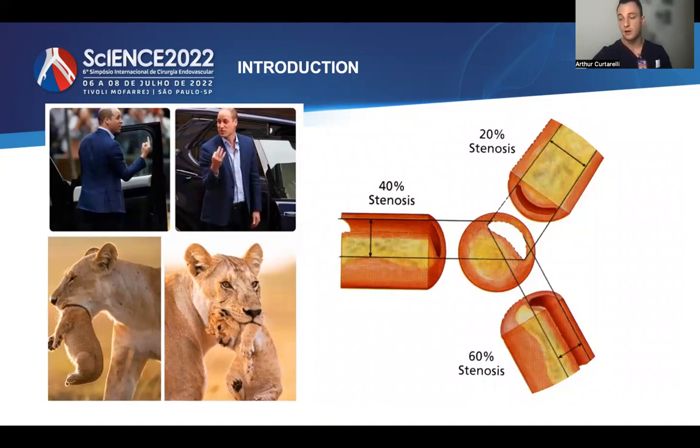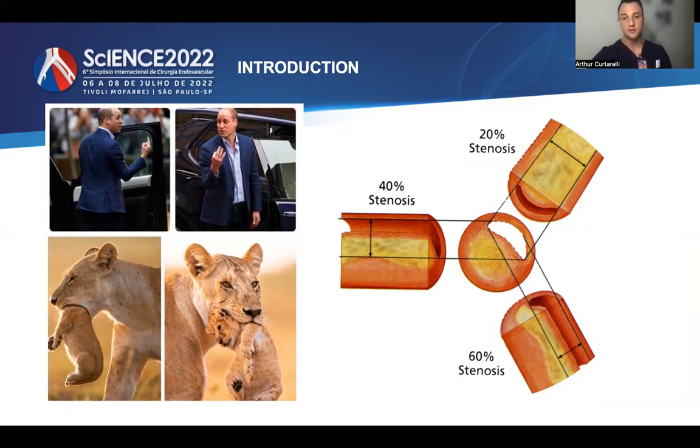Everyone knows about the pancake effect in the vein territory, and this occurs because the vein wall doesn't have a muscle structure.